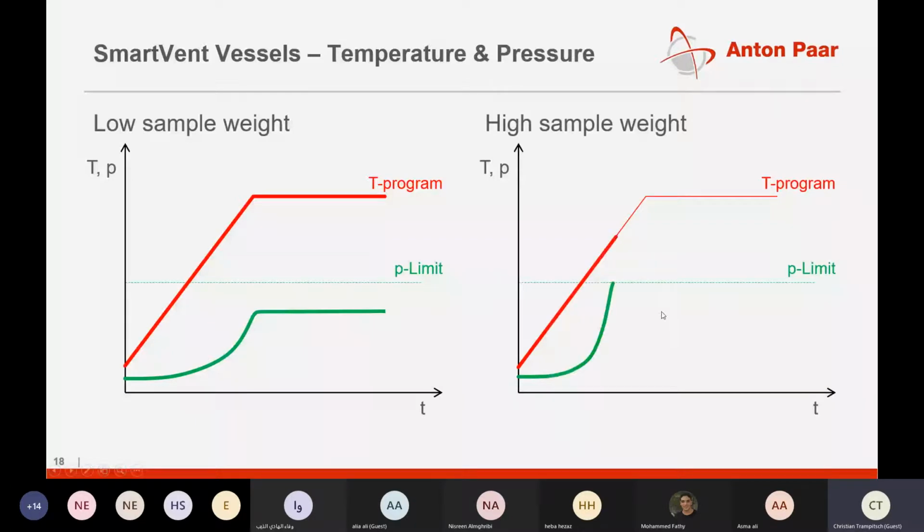But in this case, the vessel just starts to vent, it vents off the gases, and the temperature can increase until we have reached our desired digestion temperature, and we will run, even with a higher sample weight, a very well digestion. So that's the benefit of the smart vent vessels, that we can always reach the most important temperature parameter, the temperature in a digestion.